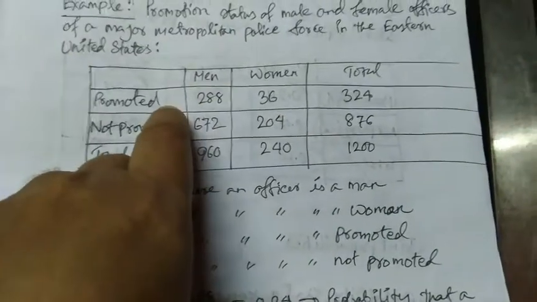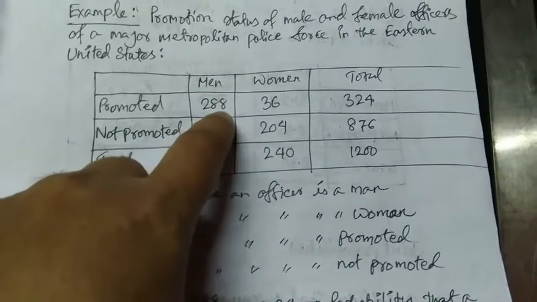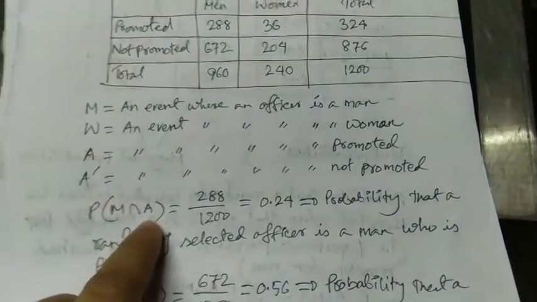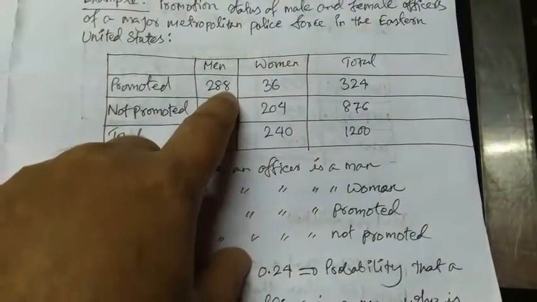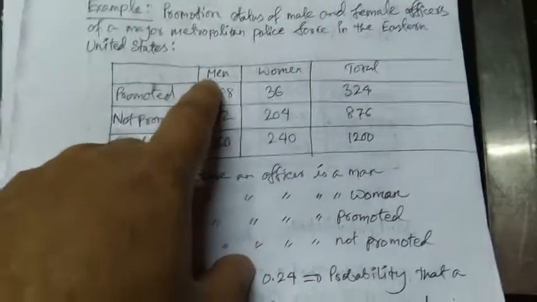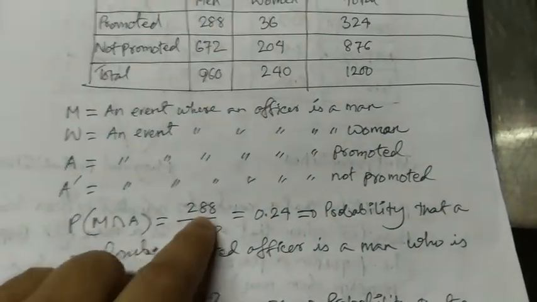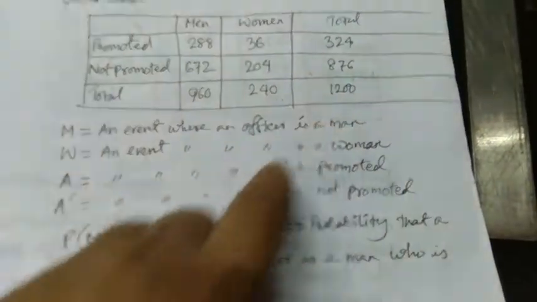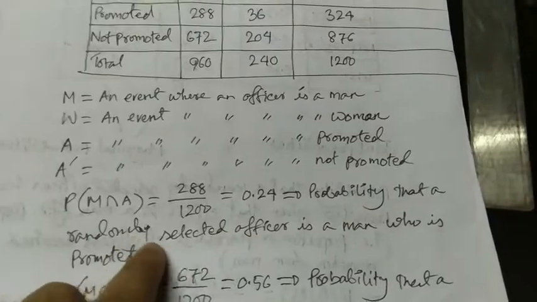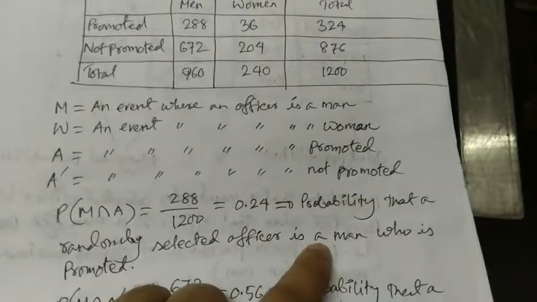So men and promoted, that means M intersection A, is 288. So probability of M intersection A is 288 divided by the total, 1200. So this is the probability that a randomly selected officer is a man who is promoted, that means both man and promoted.